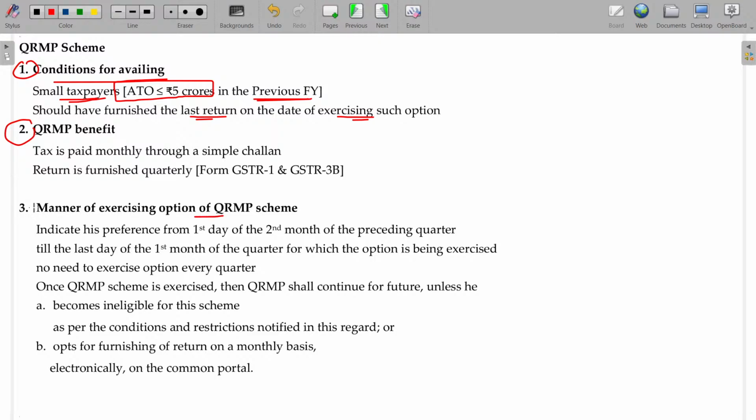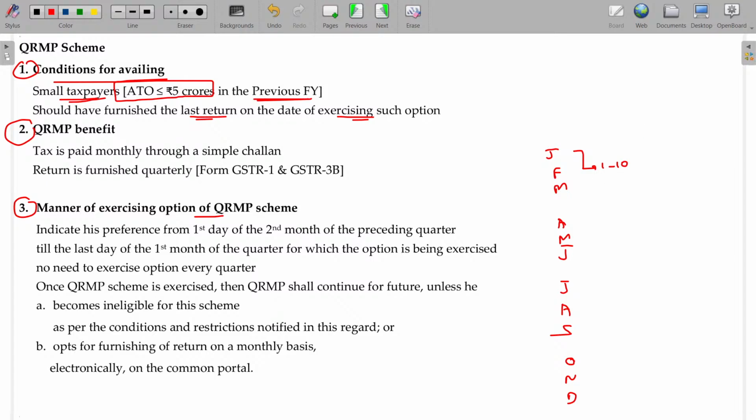Manner of exercising the option. The quarters are January, February, March; April, May, June; July, August, September; and October, November, December. In general, January will be filed between the 1st and 10th of February.